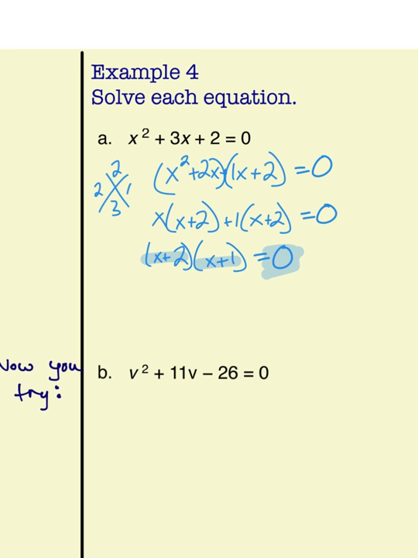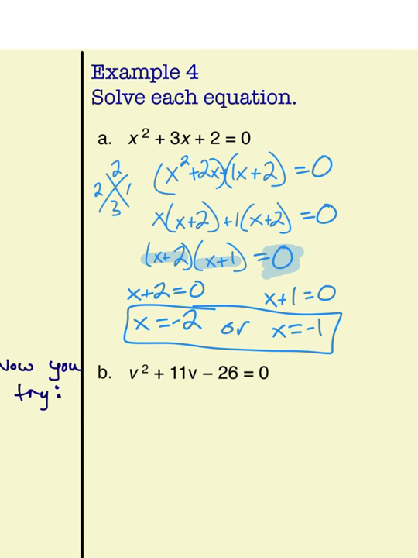So there are two possibilities here. Either x plus 2 equals 0 or x plus 1 equals 0. So if I'm solving the equation, either x equals negative 2 or x equals negative 1. Could be both. Could be 1. There are our two possible solutions.